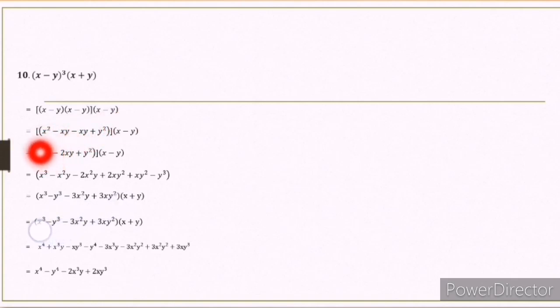Then you need to multiply the first two, x minus y. x times x is equal to x squared. x times y is equal to xy. y times x is equal to xy again. y times y is equal to y squared. Then copy the x minus y. Then you need to combine the like terms. xy plus xy is equal to 2xy.